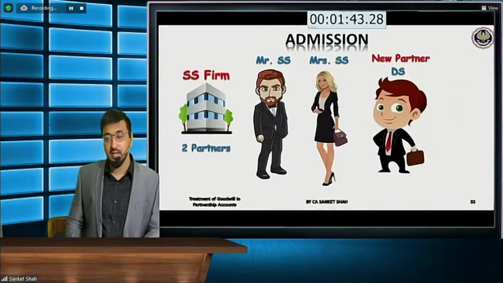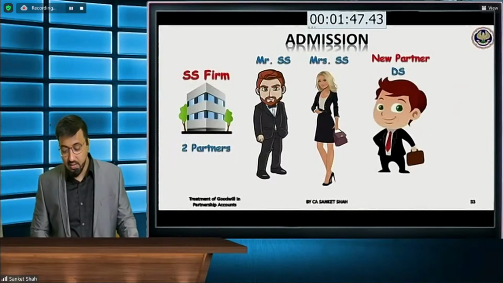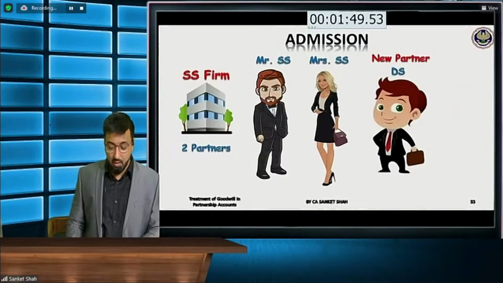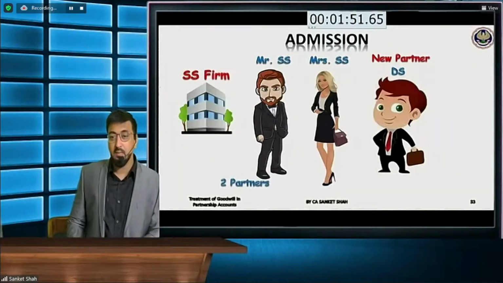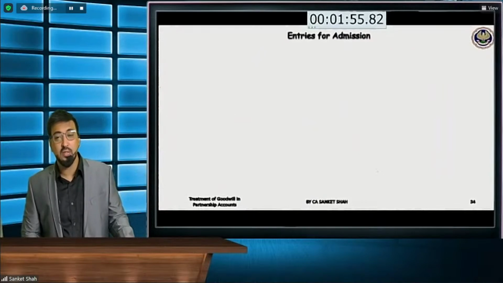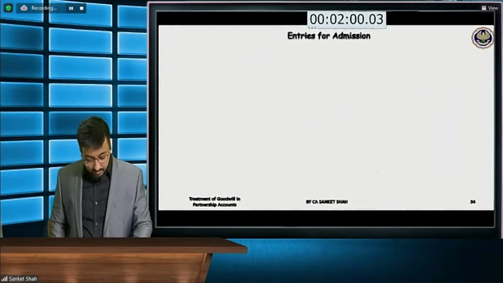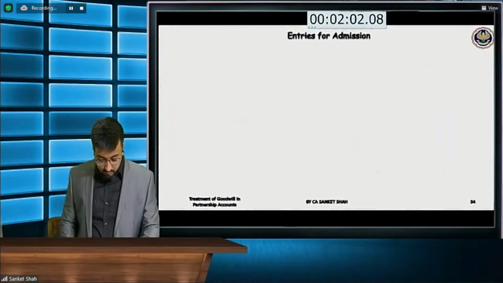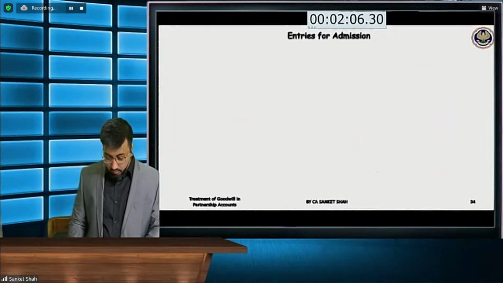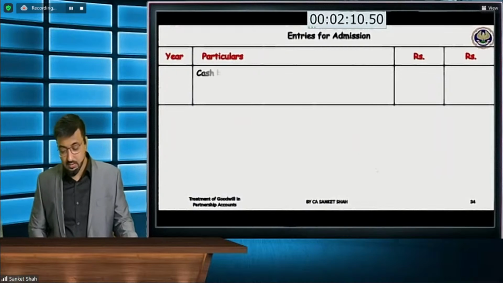Daksh will bring some amount. Two partners become three partners. So what are the entries Daksh will bring? He will bring two amounts.